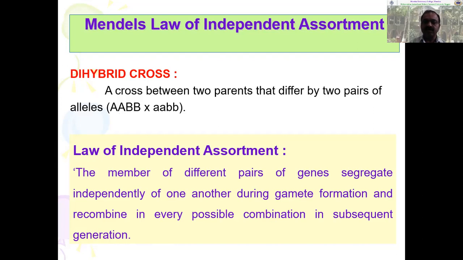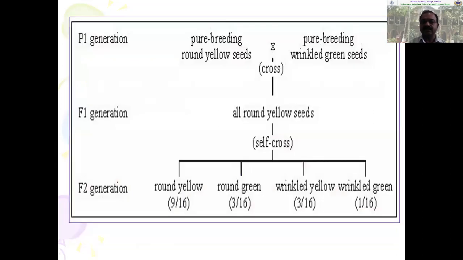For the proof, he conducted one experiment where he crossed a pure breeding round yellow seeds variety of the garden pea plant with pure breeding wrinkled green seeds. In F1, he got all round yellow seeds.